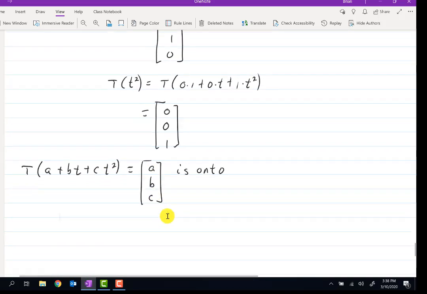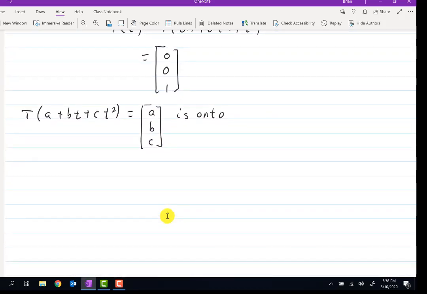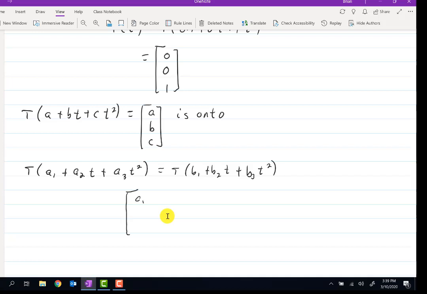Now how about 1 to 1 and that kind of stuff? So if you have T of, let's say, a1 plus a2 t plus a3 t squared, and that somehow equals T of b1 plus b2 t plus b3 t squared, then you'll get a1, a2, a3 will equal b1, b2, b3.